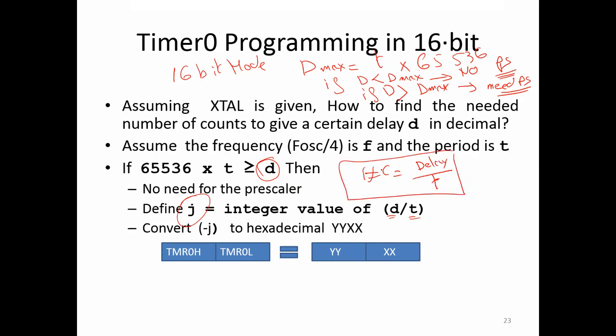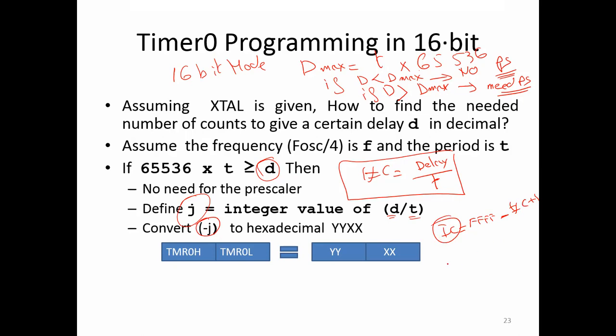Once we have the number of counts, we have to find the initial count. We have seen that if you are in 8-bit mode, you can take just minus this value, or we can make FF minus the number of counts plus 1.